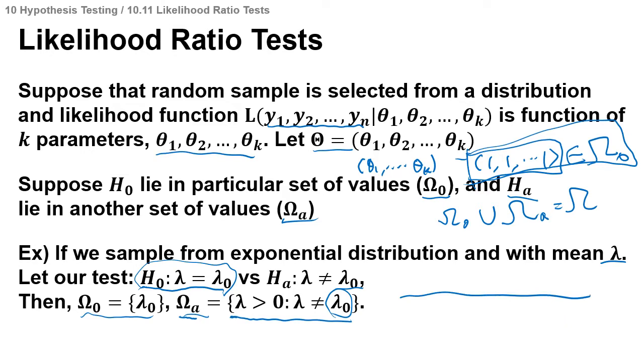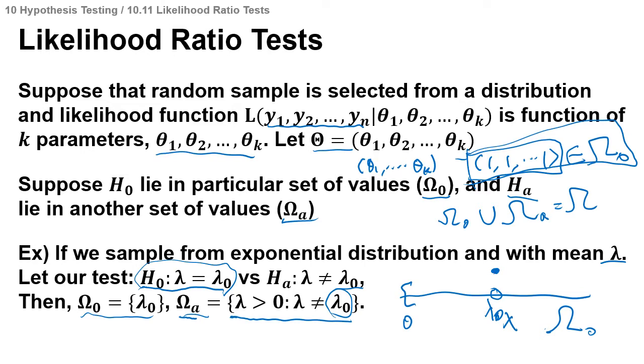So from the set of lambda greater than 0, there is a point lambda 0 here, and the null space is only this point.